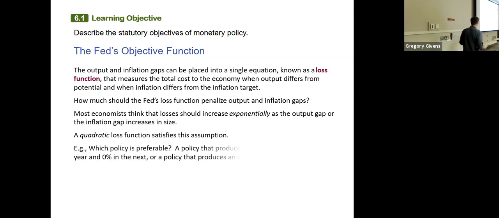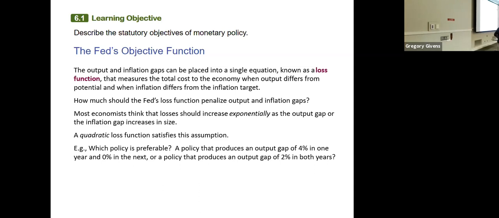Let's assume that the central bank ranks these different policies according to a quadratic loss function. One that takes the square of the output gap and the square of the inflation gap and sums it up over the length of the policy period. All right, so here's the easiest example I can think of.